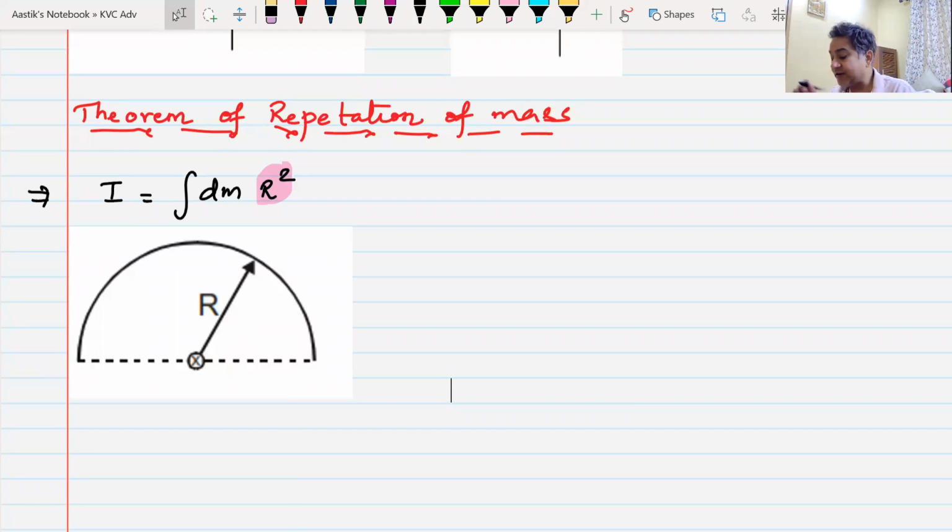This is a half ring of mass m and radius r. What will be the moment of inertia of this about this axis which passes through the center?